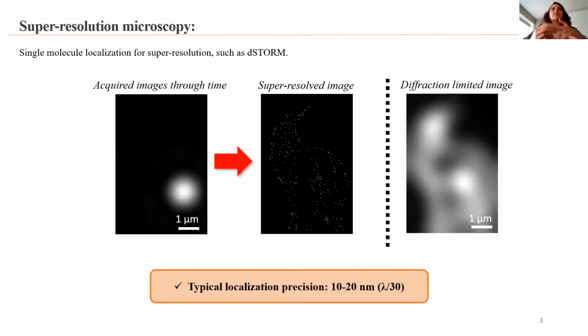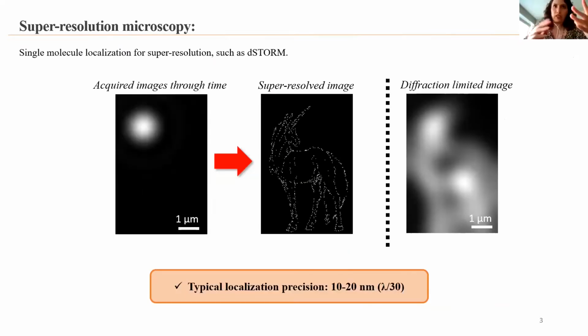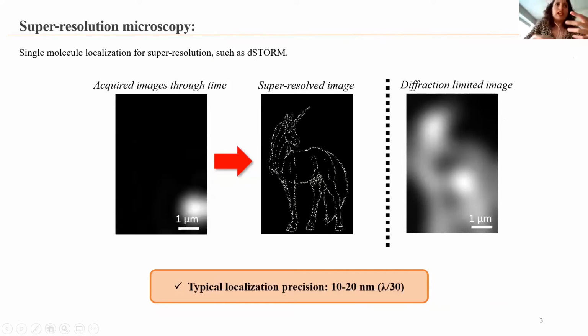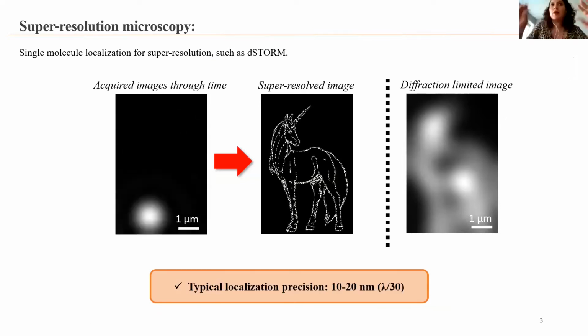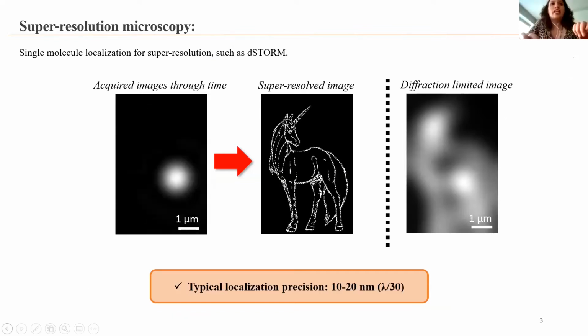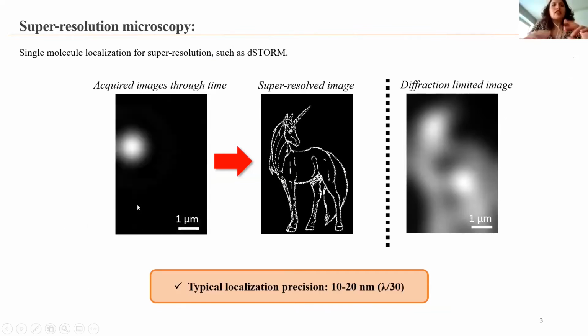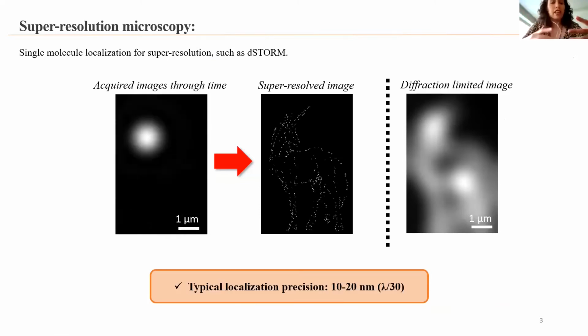And so super resolution microscopy, how does this work? What is the principle behind? Since we need to have some sparsity between each of the point sources, sometimes we cannot have that sparsity in space.